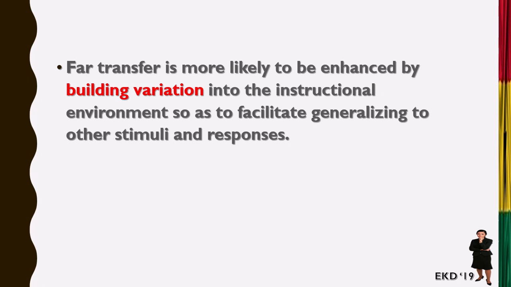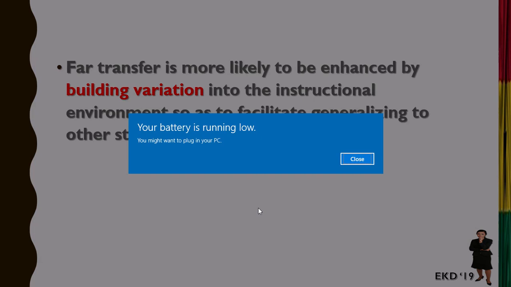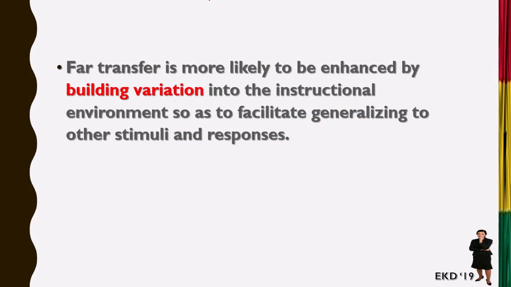Pi r square, the area of a circle, you can use that to build a silo, anything.